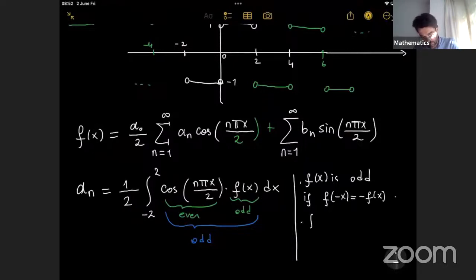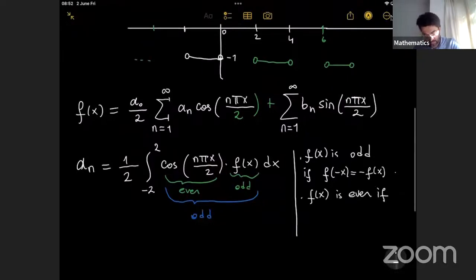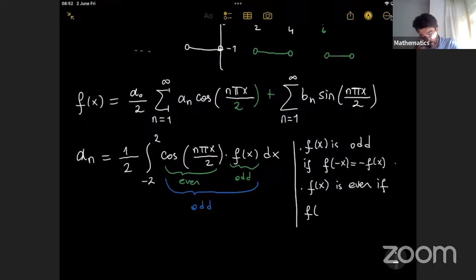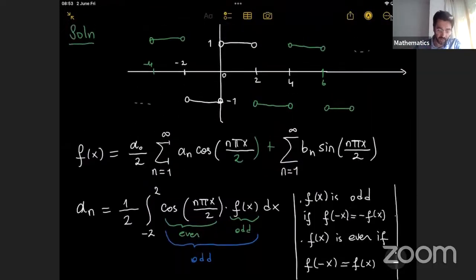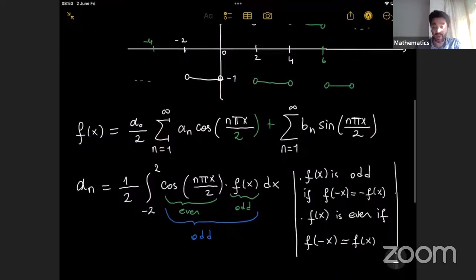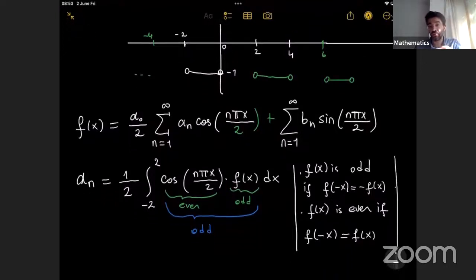And f of x is even if f of minus x is equal to f of x. So odd functions are symmetric with respect to the origin, and even functions are symmetric with respect to the y-axis. Here, this is symmetric with respect to the origin. So we have an odd function. Cosine is an even function. When you multiply an odd function with an even function, you will get an odd function.